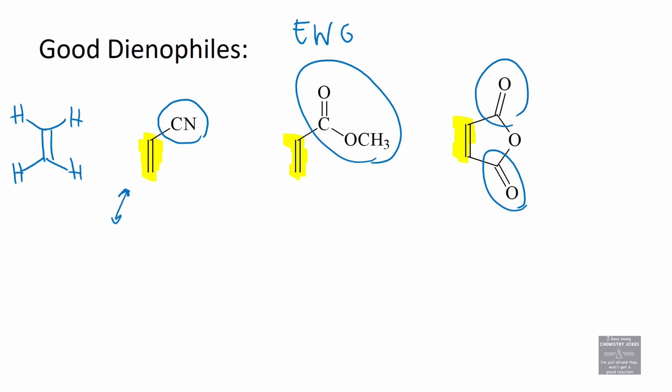So I'm going to start out by not drawing CN like that. I'm going to draw my CN triple bonded like that. I'm going to start out by pulling electrons toward the nitrogen. If we go all the way back to week 1, a pi bond exists between atoms of different electronegativity. Always give the electrons to the more electronegative atom.